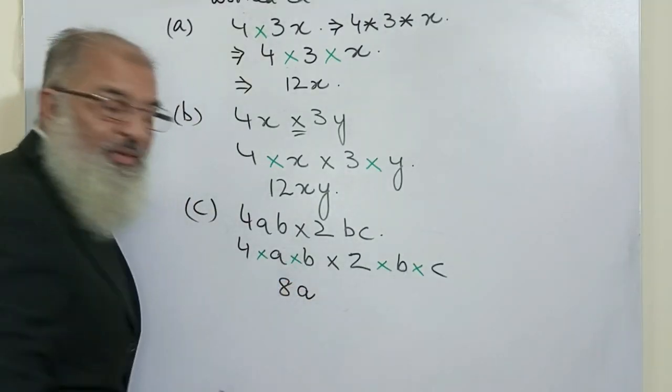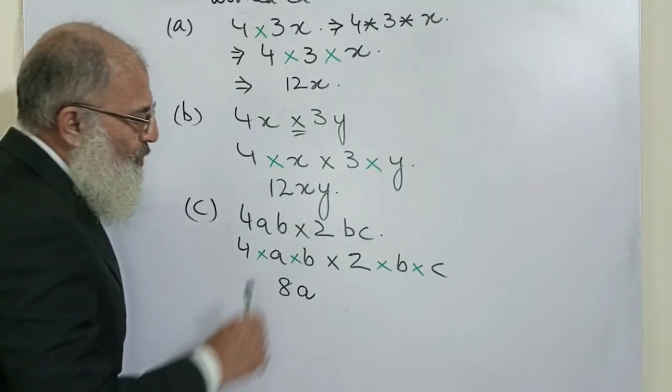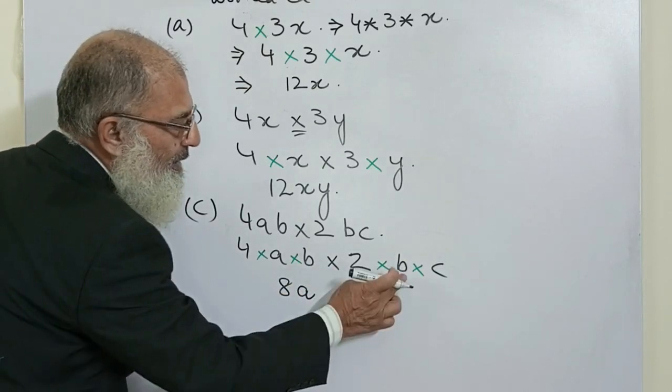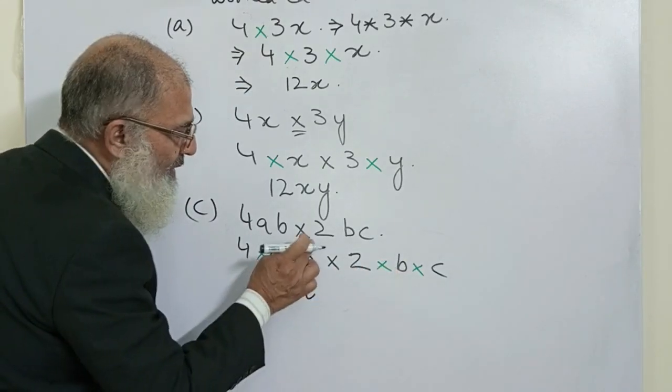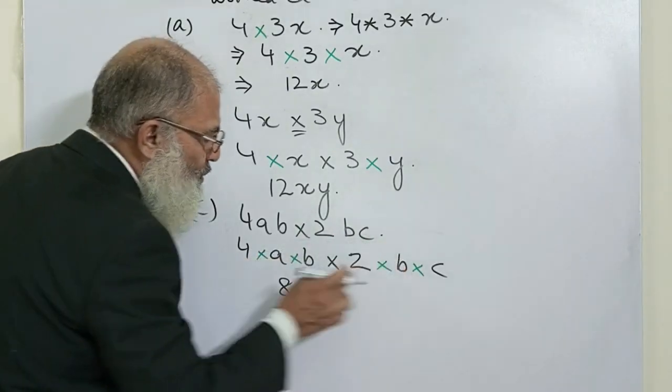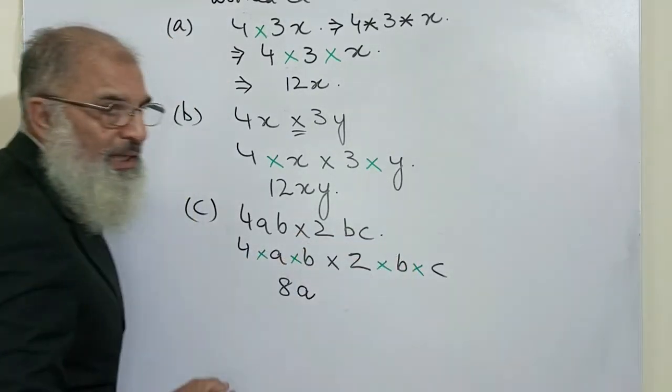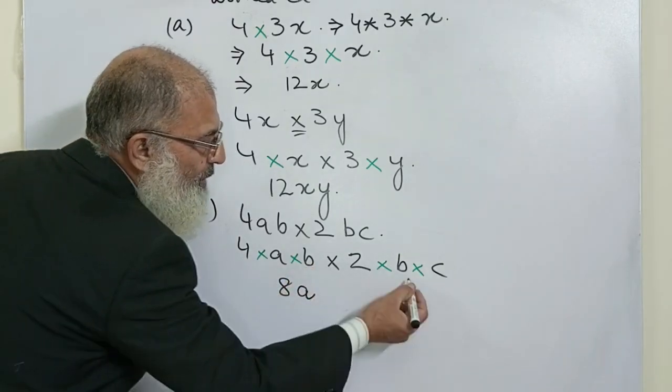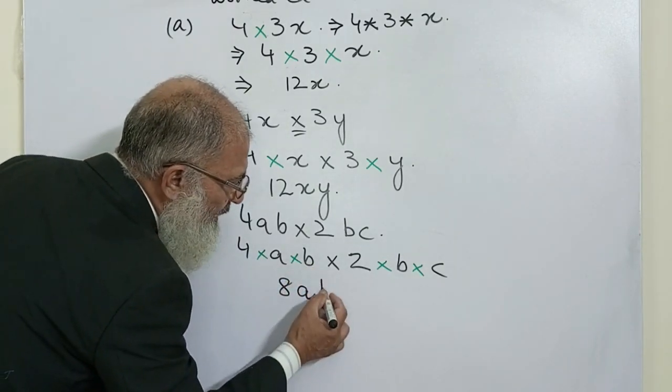B, yes, we find a B over here. So what does it mean? That bases are same and indices are 1 for both. So both indices will be added together. So B multiplied by B will become B square.